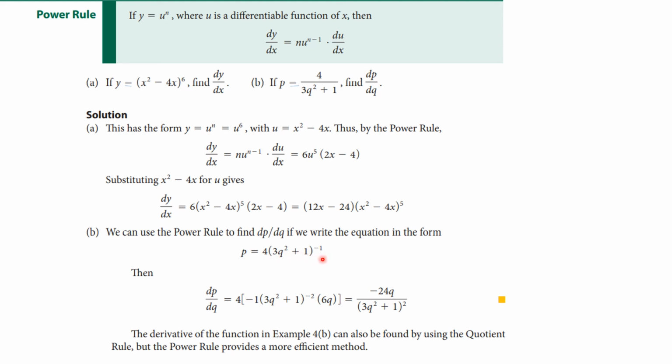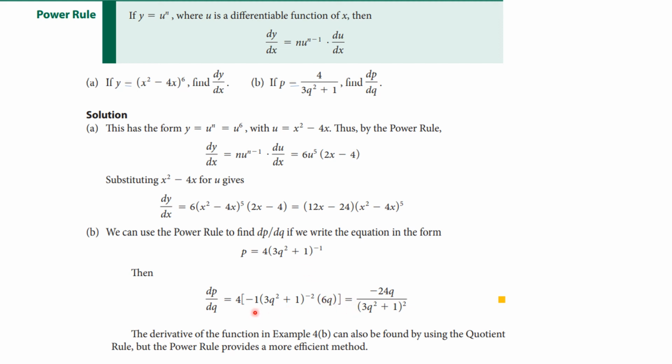Here you follow the power rule, so you bring the minus 1 first, then write the function 3q square plus 1 to the power minus 1 minus 1, which is minus 2, then times the derivative of the inside of this function. It is 3q square plus 1, so the derivative of this part is 6q, because the derivative of 1 is 0.